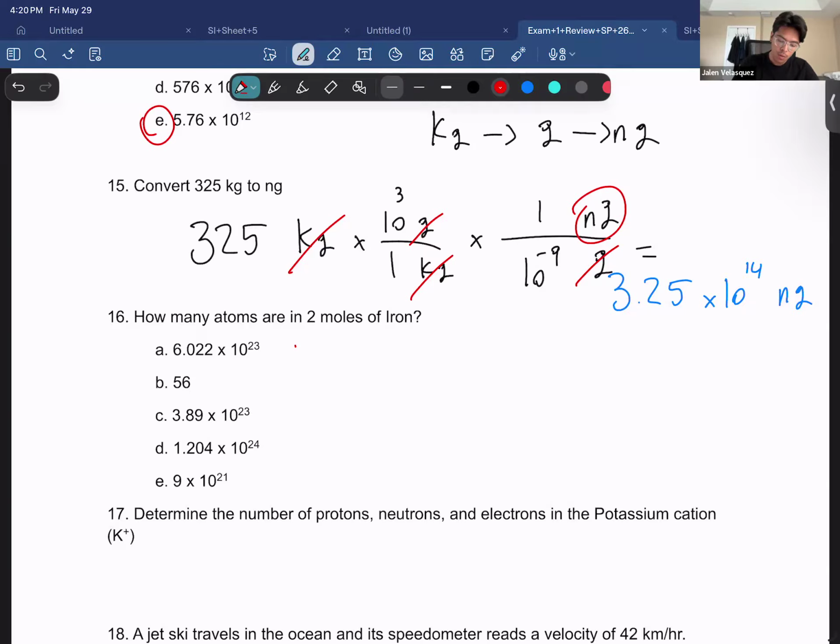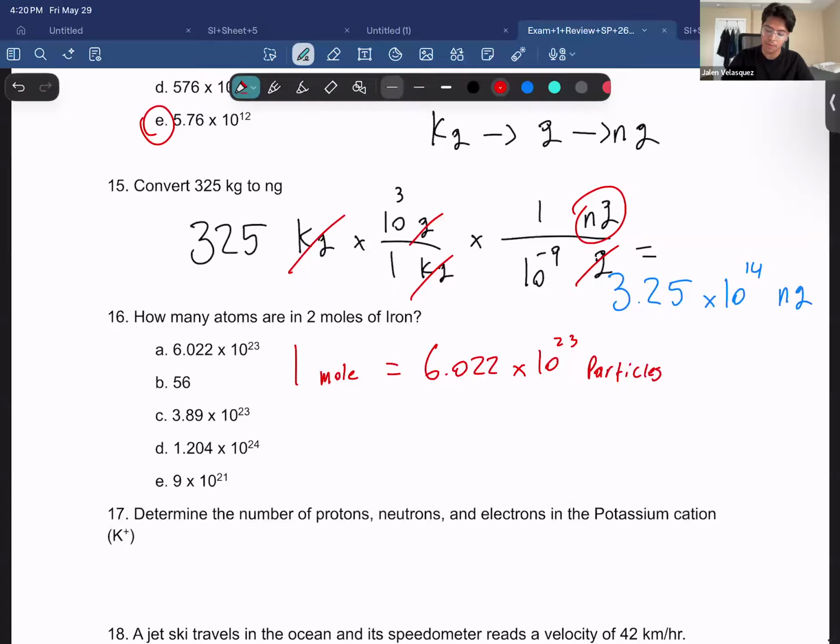So 1 mole of anything has Avogadro's number of particles. Avogadro's number is 6.022 times 10 to the 23 particles, and this number you absolutely must memorize.